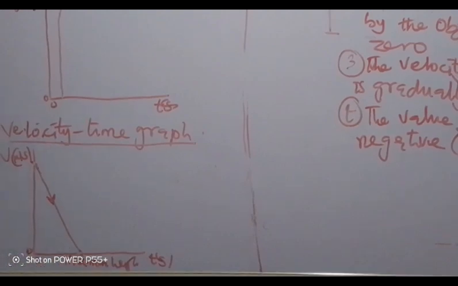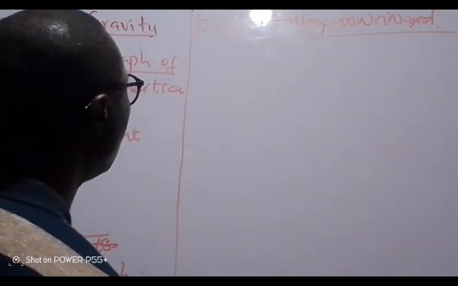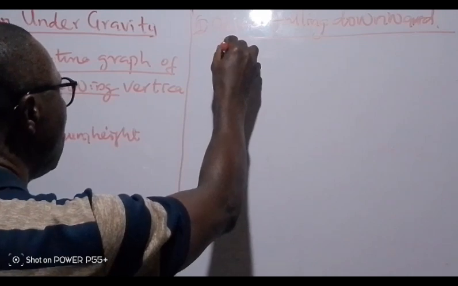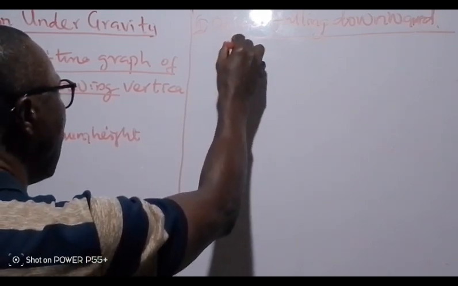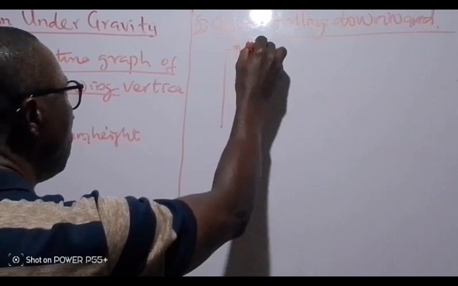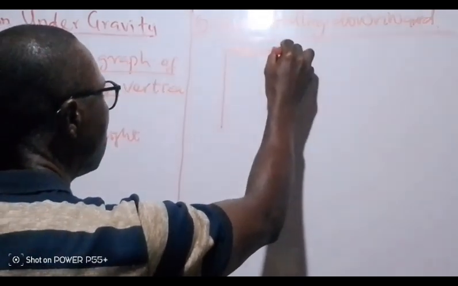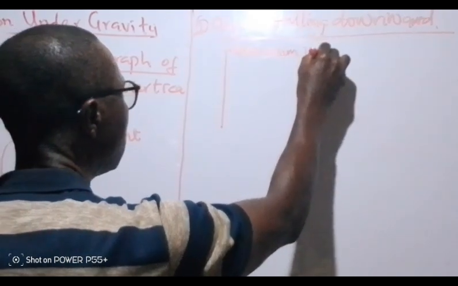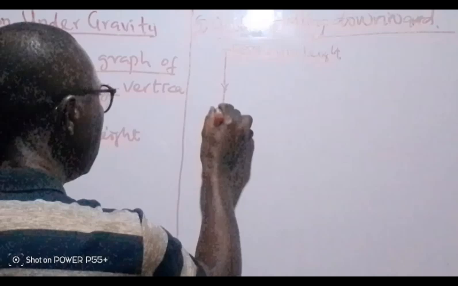Now let's look at the second aspect, that is, object falling downward from certain height. Let's look at it again. Let's say this is the maximum height, and this object is falling downward.